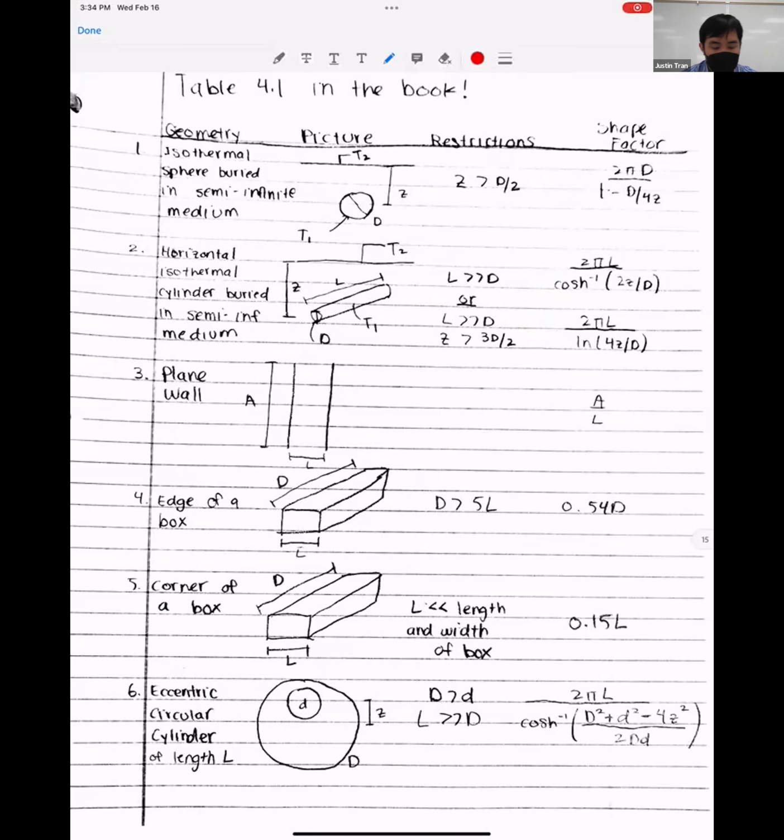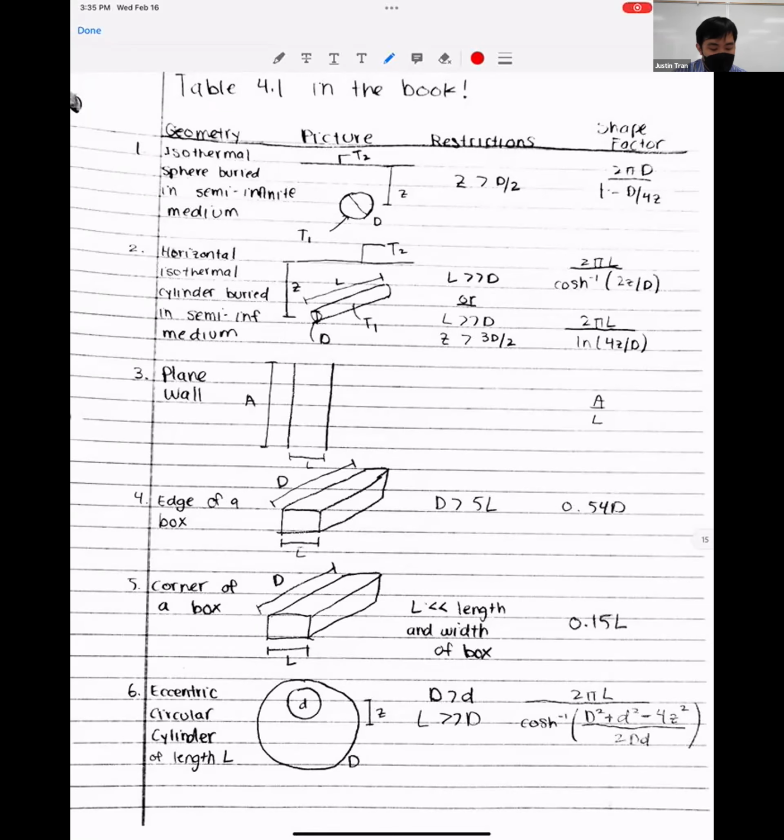We have a pipe that's buried underneath the earth, so are there any entries in this table that match up with that? Number 2, the second one. That is basically exactly what we're looking for, and to be honest, it better be, because this is an example from the textbook.